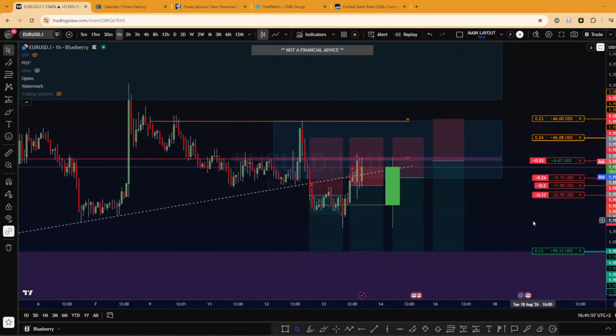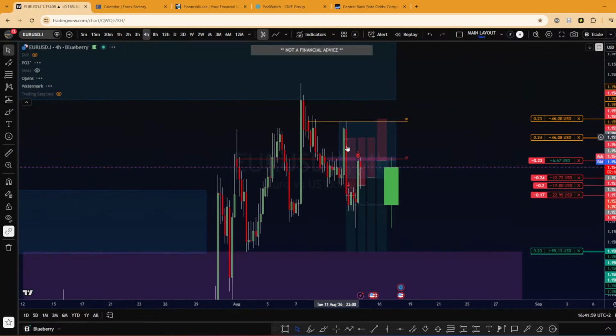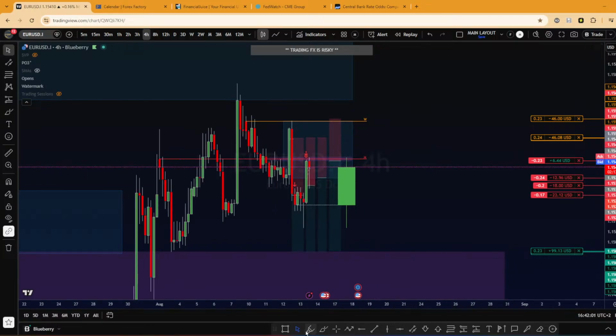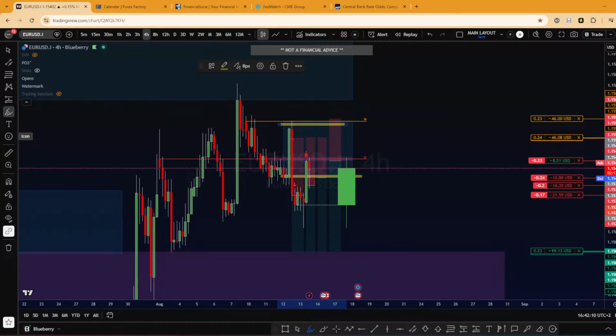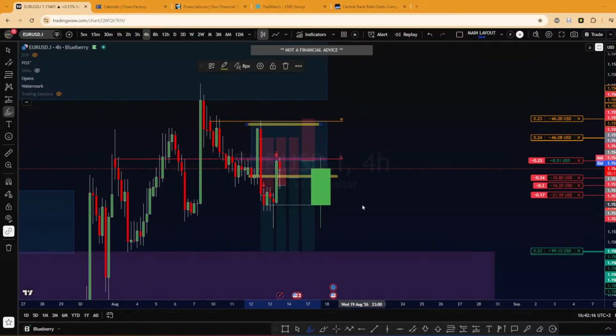So I need some rejection of this order block. You see, this huge order block. Oh my goodness, USD still struggling. Yeah, I don't really like it.